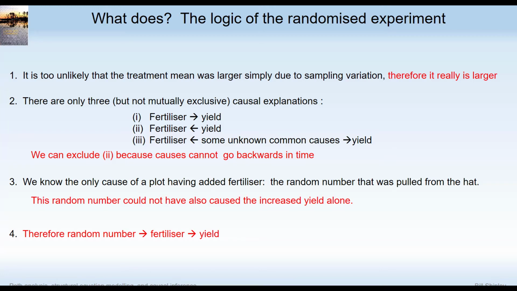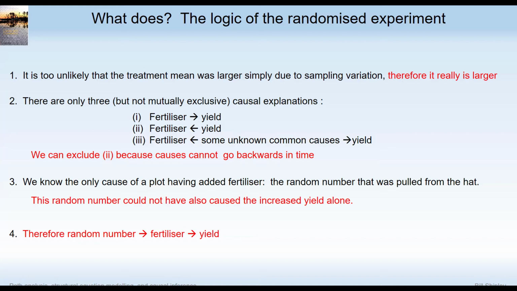So those are the three logical possibilities that we can imagine. Now, of course, we can exclude number two right away, because one of the properties of causes is that causes can't go backwards in time. So we can exclude number two, but that still leaves possibilities 1 and 3.